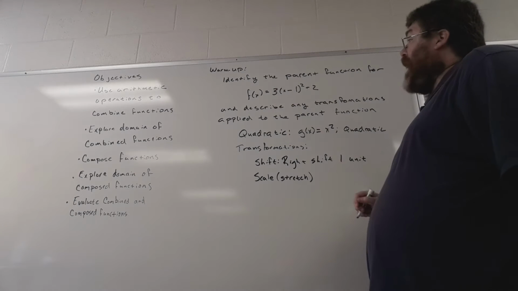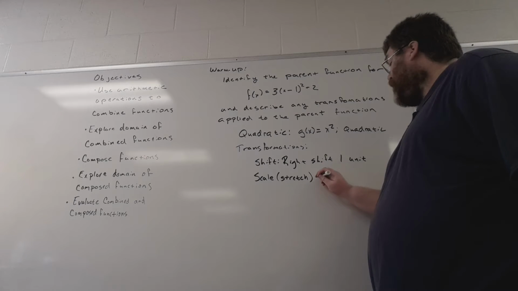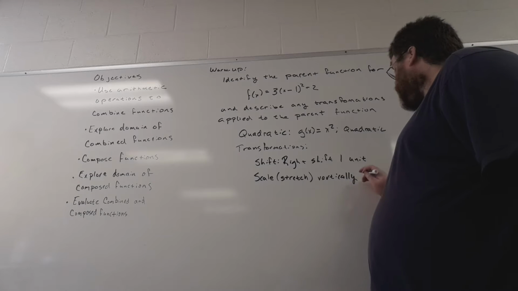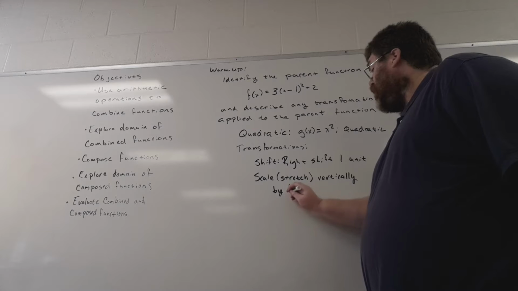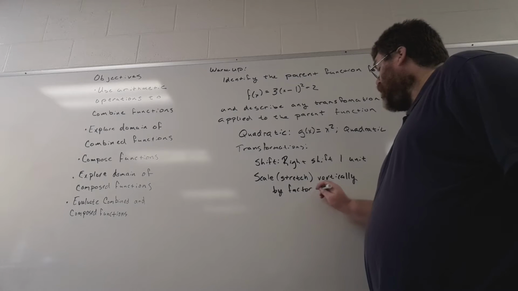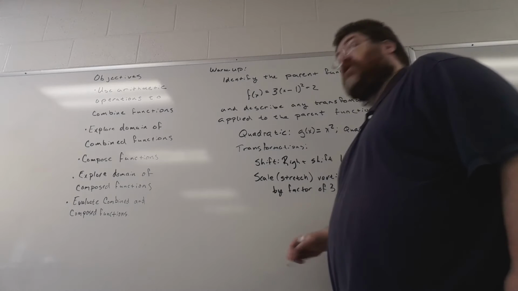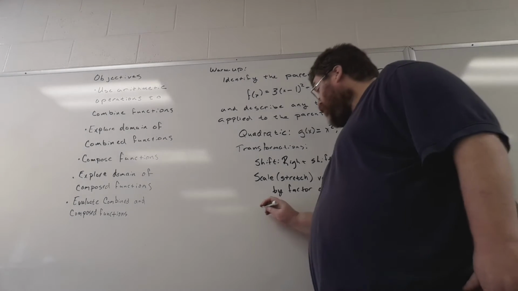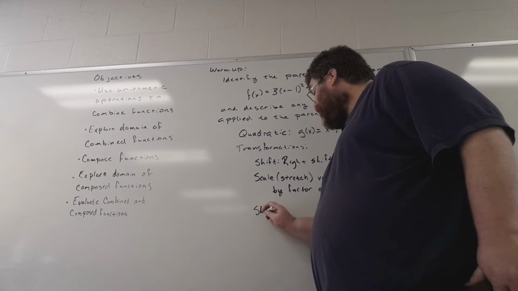Here, the absolute value is greater than 1, so we're stretching it. Okay, and then finally our +2, that tells us that we're grabbing the entire graph and shifting it up 2. So that's a vertical shift up 2.